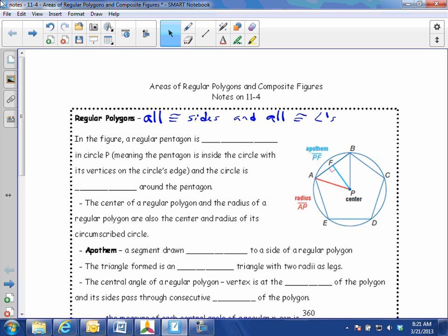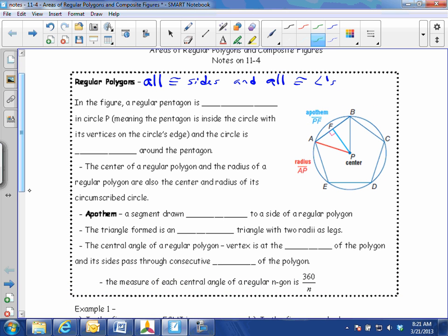In this figure, how many sides does this one have? It's a circle. Inside the circle we have a pentagon. It's got 5 sides. So in the figure, a regular pentagon is inscribed.